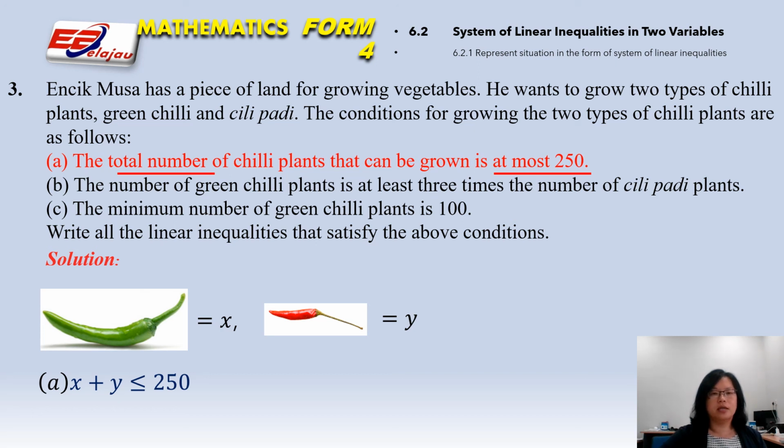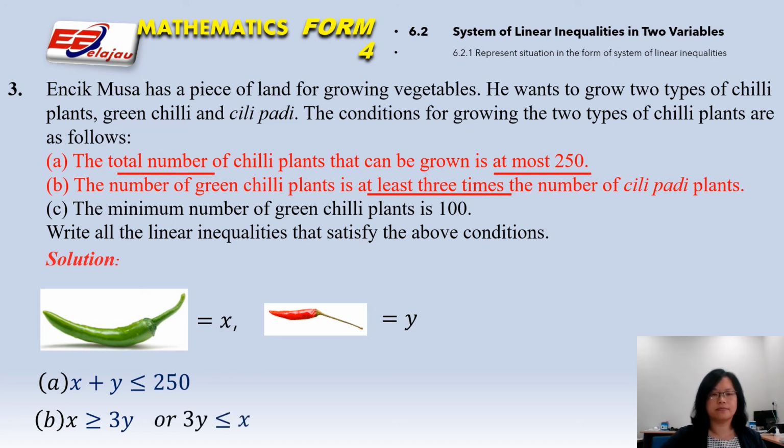Condition B. The number of green chili plants is at least 3 times the number of chili padi plants. We can represent by the linear inequality x is greater than or equal to 3y. It can also be written in vice versa format, that is, 3y is less than or equal to x.